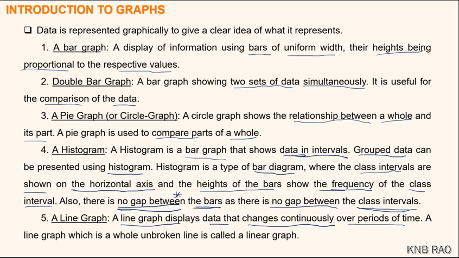So, those are line graphs. Here I am going to give you some examples for each of them. A line graph which is a whole unbroken line is also called a linear graph.